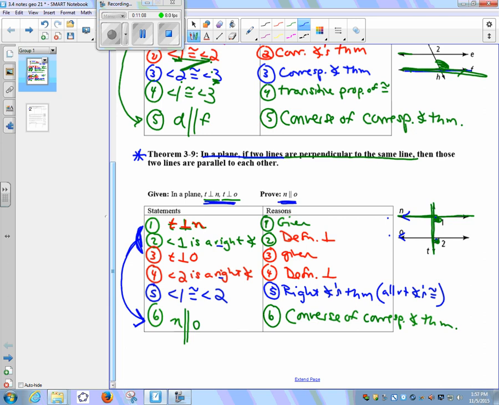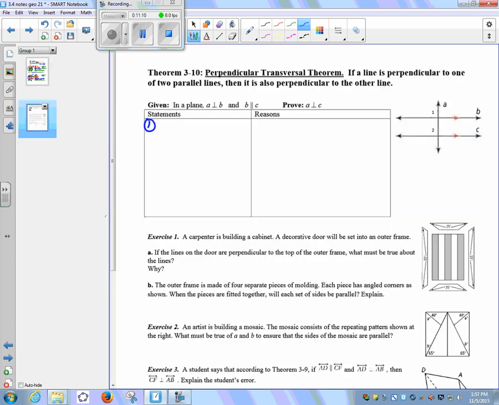Now we're given lines parallel and one perpendicular situation, and we're trying to prove the other one perpendicular. Okay, so we are given A is perpendicular to B, and we're given that B is parallel to C. So we're just given this one perpendicular situation. We're trying to prove A perpendicular to C. So A perpendicular to B.